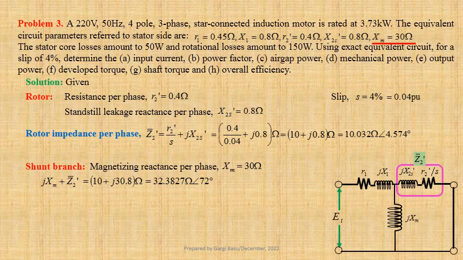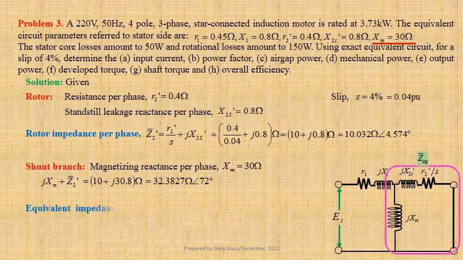Now we shall determine equivalent impedance per phase. ZEQ equals jXm parallel with Z2', that is equal to jXm into Z2' divided by jXm plus Z2'.